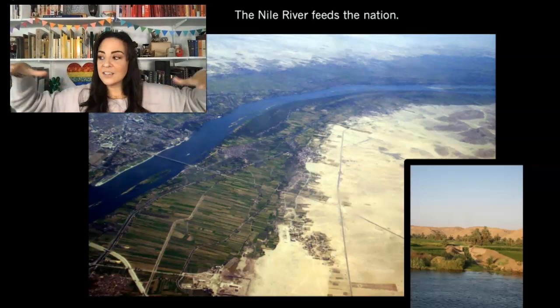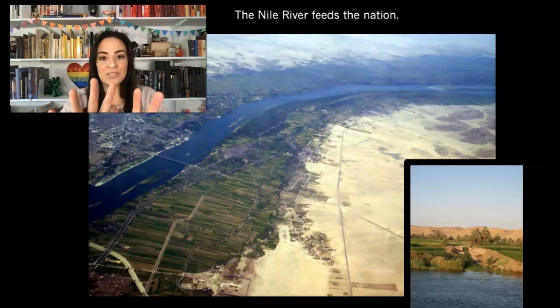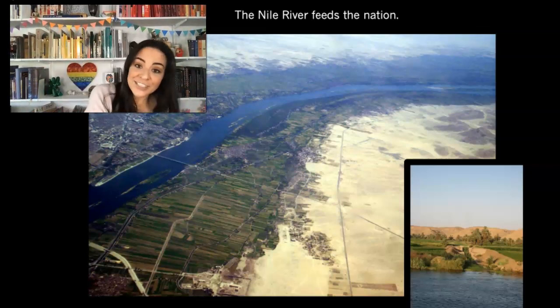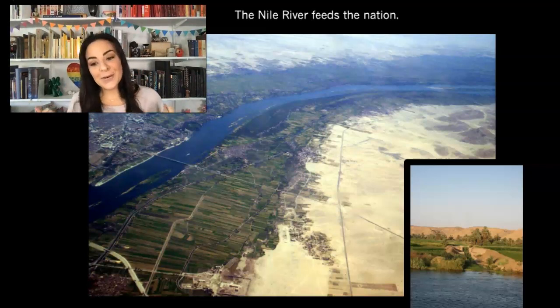Because the flood not only dumps the nutrients, but then when it recedes, it pulls out all of the salt. I know, I love geology, so I love this. Okay, so the floods are good in ancient Egypt. And they learned to control the water with canals and irrigation systems, very similar to what we see in ancient Mesopotamia, but without the risk of salinization.